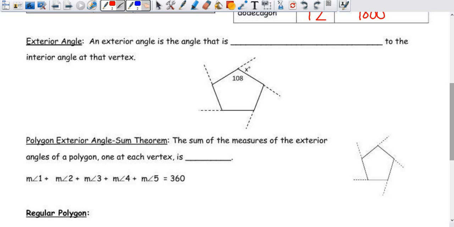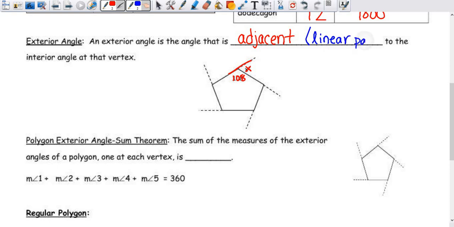of polygons. So an exterior angle is the angle that is adjacent to the interior angle at that vertex. Another word for these two angles right here, so in this particular case x and 108, would be a linear pair. Okay?